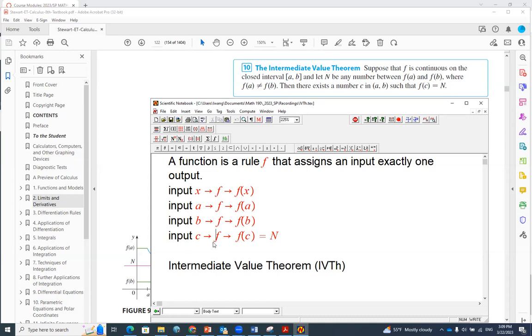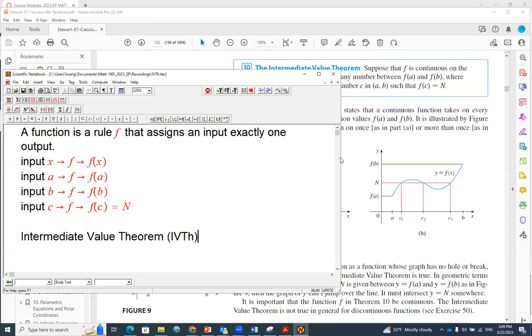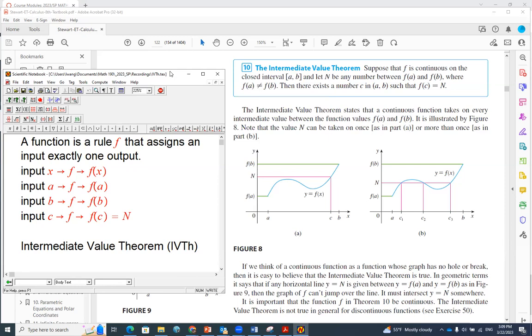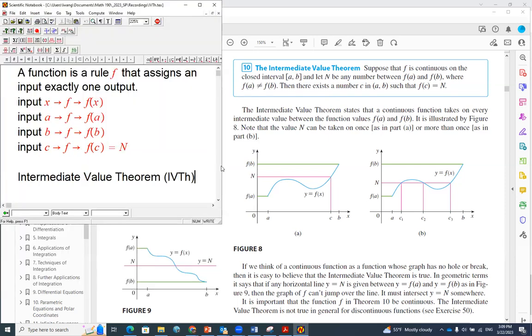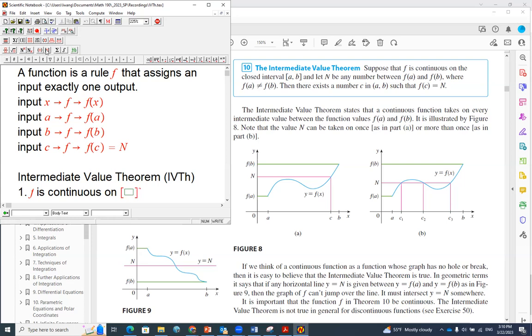So now what the theorem says is that, so let's dissect the condition. The first condition is f is continuous on closed interval AB.